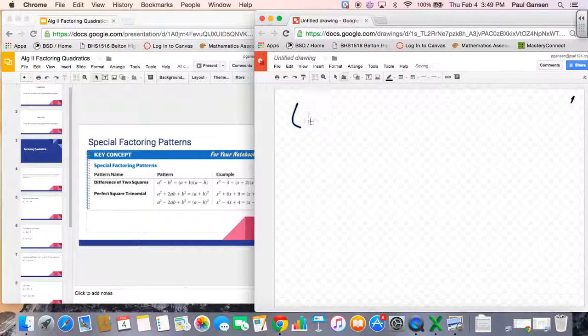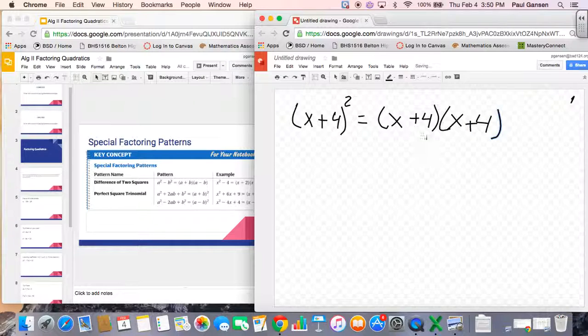If I had the expression, say, x plus, I'll mix it up, let's do 3. No, let's do 4. X plus 4 squared. Remember, this is really x plus 4 times x plus 4. And when we FOIL these out, x times x is x squared.